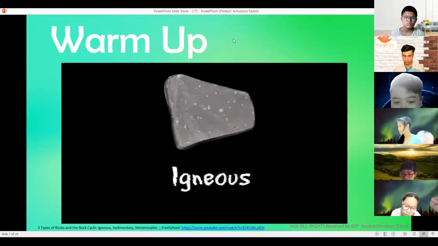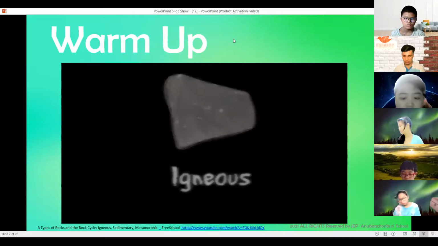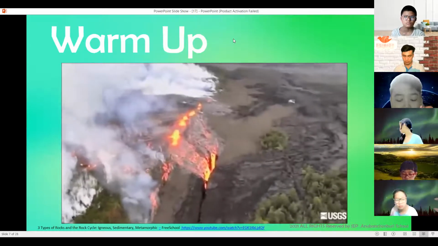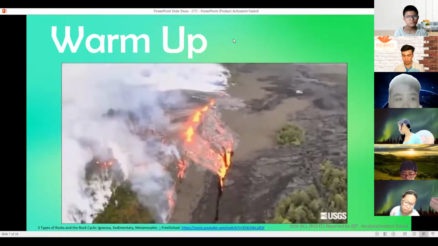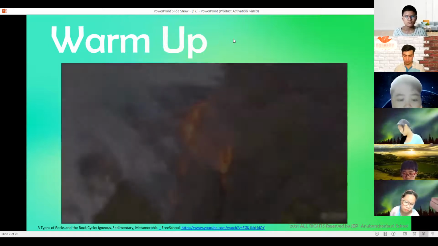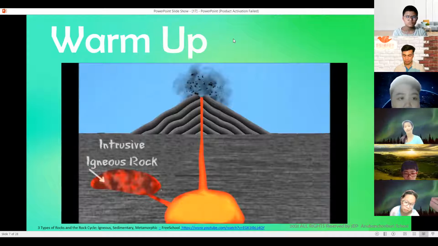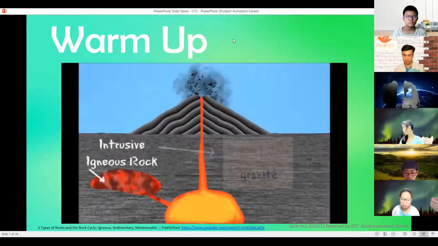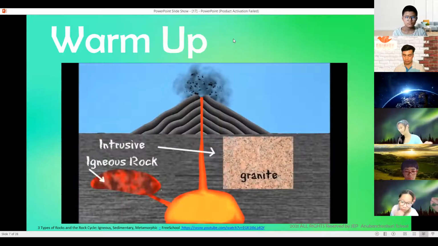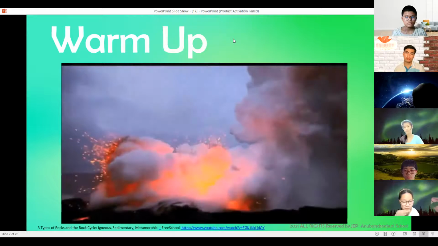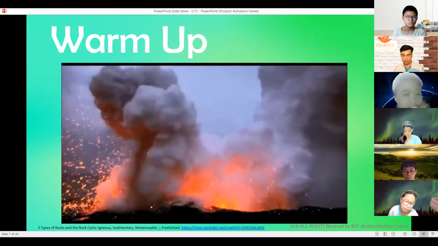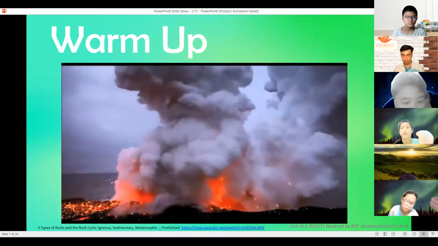Igneous is a word that means fiery. Igneous rock is formed when magma or lava cools. Sometimes magma cools slowly underneath the Earth's surface. This forms intrusive igneous rock, like granite. Other times, lava cools when it comes to the surface in a volcanic eruption.